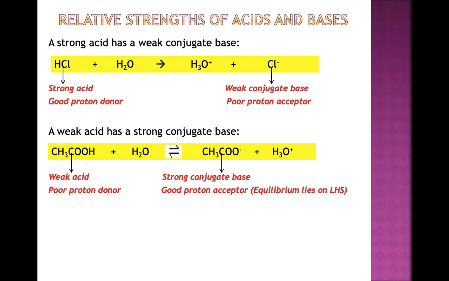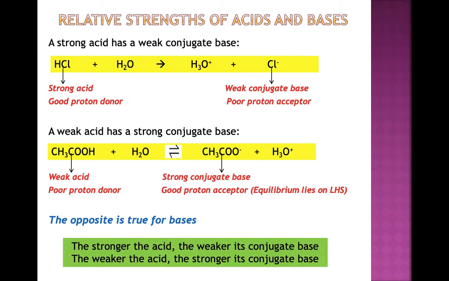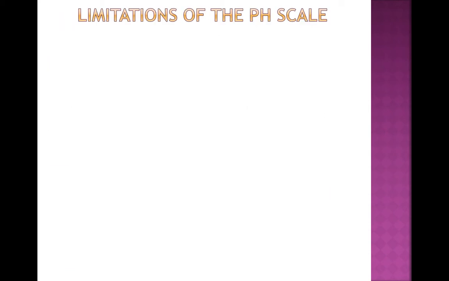What does this effectively mean? It means that the equilibrium for that one lies mainly to the left, which means your Ka is quite a low value. And the opposite is true for bases. The stronger the acid, the weaker its conjugate base. The weaker the acid, the stronger its conjugate base.